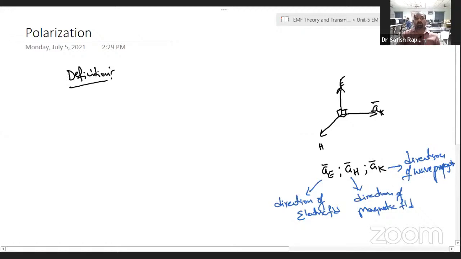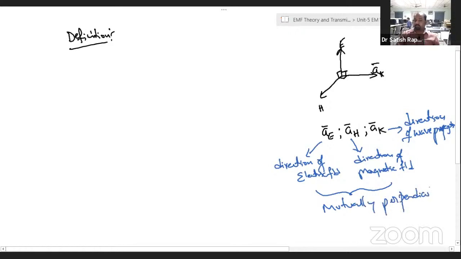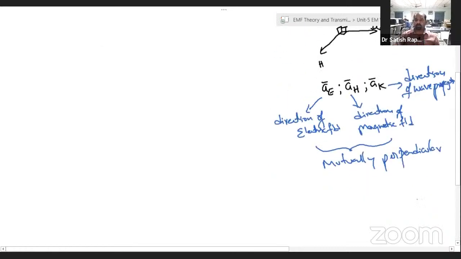So direction of electric field, direction of magnetic field, and direction of wave propagation are mutually perpendicular, right?